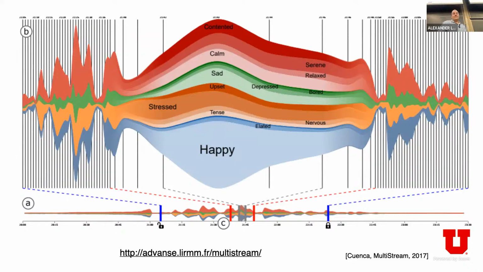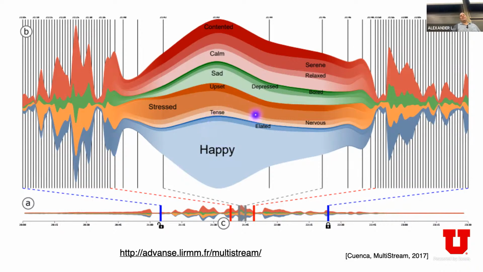So here is an example of a theme river visualization that uses this distortion. You see that the distance between each of these lines indicates a similar or the same time span, right? So this time span here is actually equal to any of those time spans between those lines.